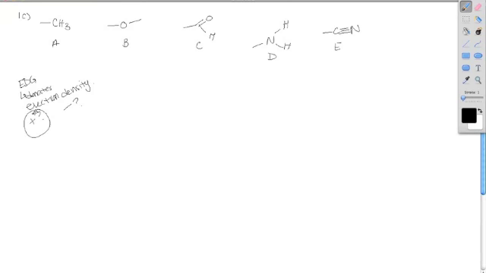And the answer is going to be when it has a positive charge. So imagine you have something that is positive. And what does that positive charge mean? That positive charge means that it doesn't have any electrons. So you would want something that would donate electron density in order to make it less positive, in order to bring it more towards the neutral side.